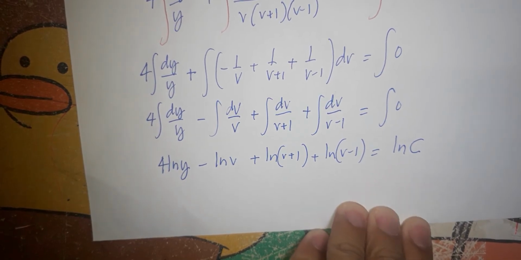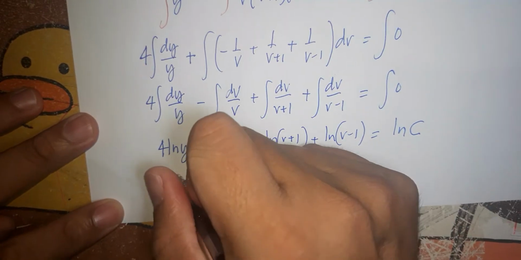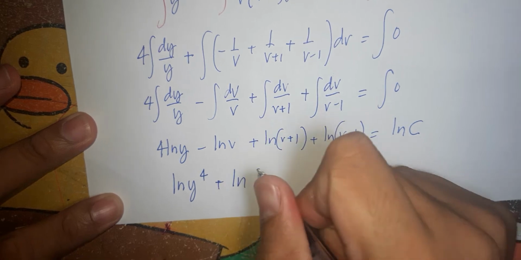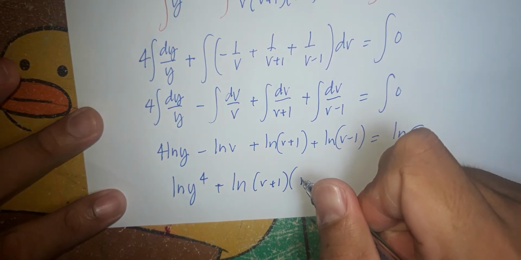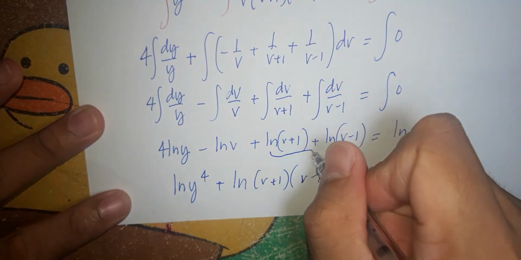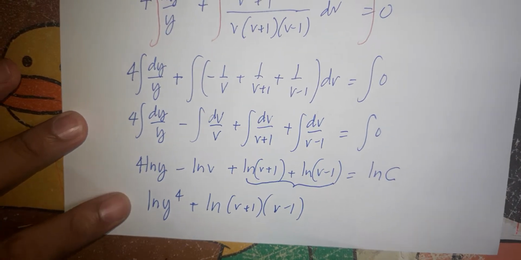Remember, ang constant lang ang pwedeng paglaruan. So that's ln y to the fourth plus ln of v plus 1 times v minus 1. Kasi di ba pagka sum, tina-times natin yung dalawa.